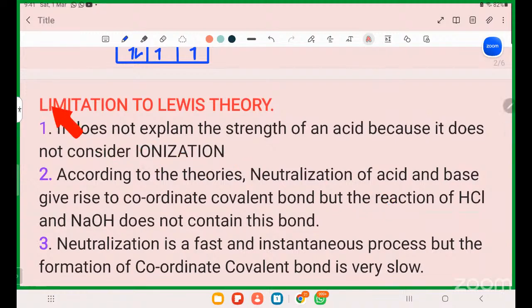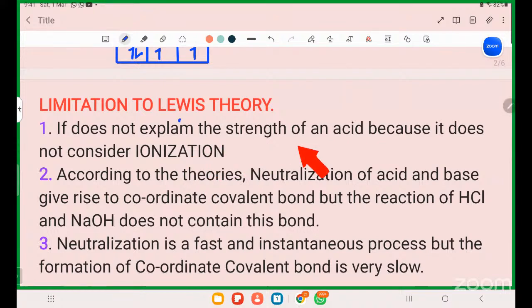So it also has limitations. What are the limitations of Lewis theory? One, it does not explain the strength of an acid because it does not consider ionization, that an acid can ionize and a base can also ionize.